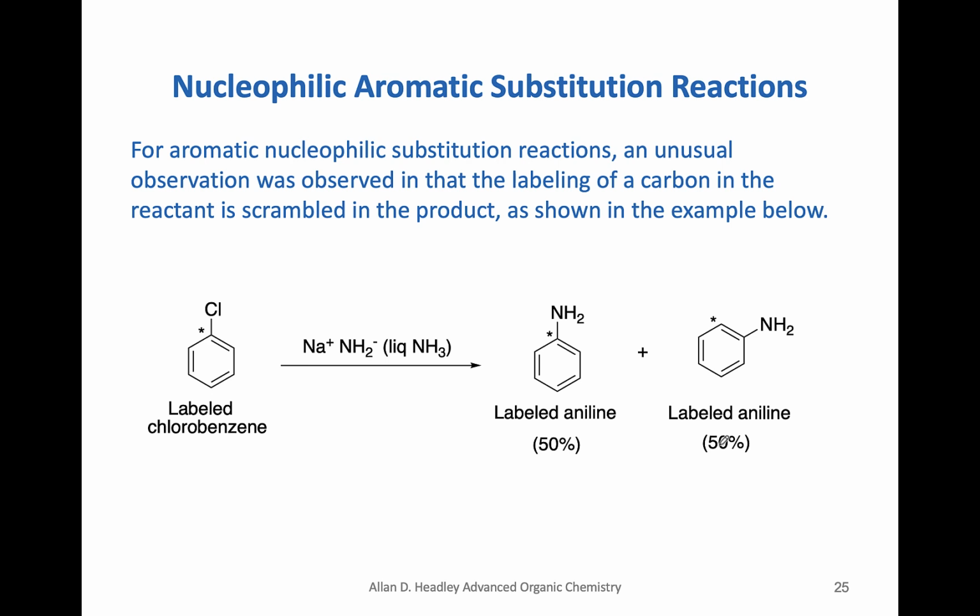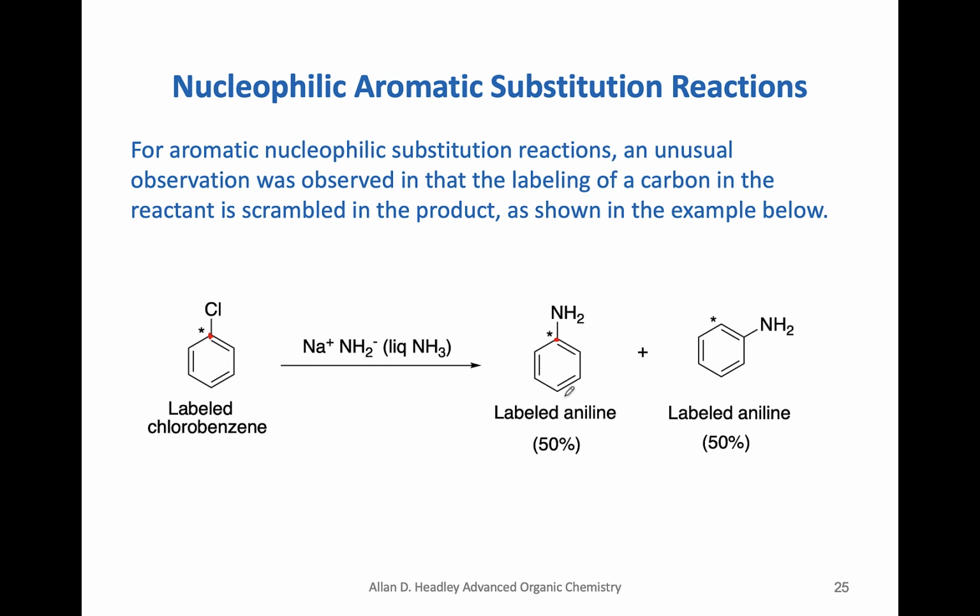What is unique about this reaction, however, is that if this carbon is isotopically labeled, so it's carbon 13 as opposed to carbon 12, carrying out this reaction here gives this as the product and this as the product.